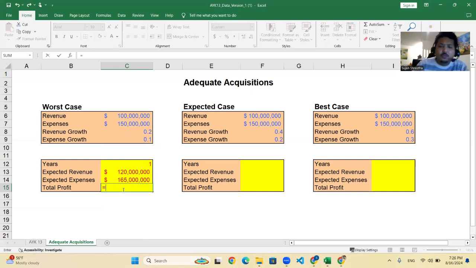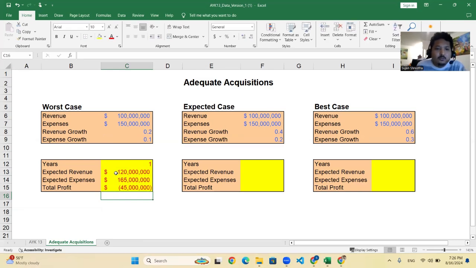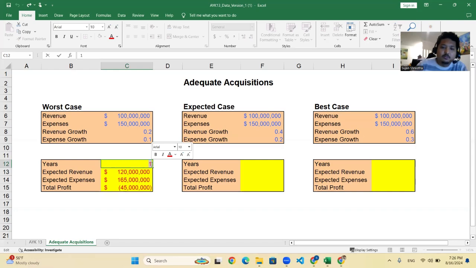multiplied by the year. So this will be the expected expense in the first year. To find the break even, we can easily subtract expense from revenue. So from this we can see the company is in bad condition, it is in minus. If we increase this by year, like two, still not break even.